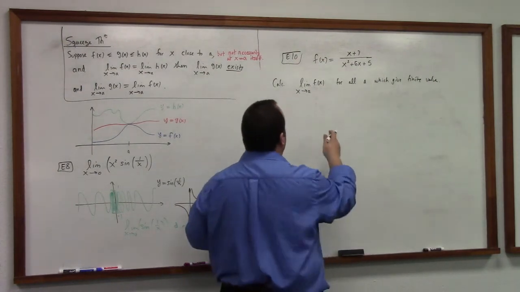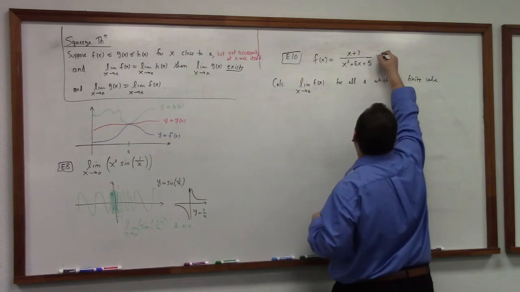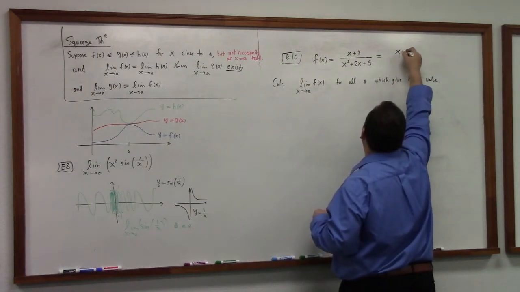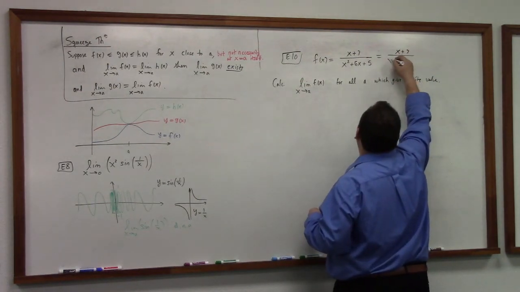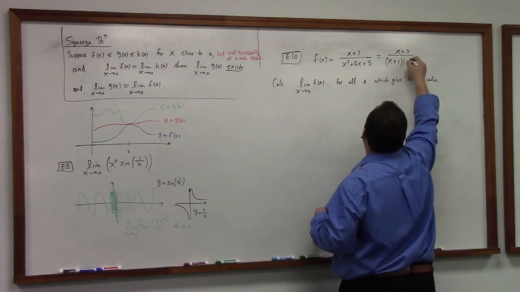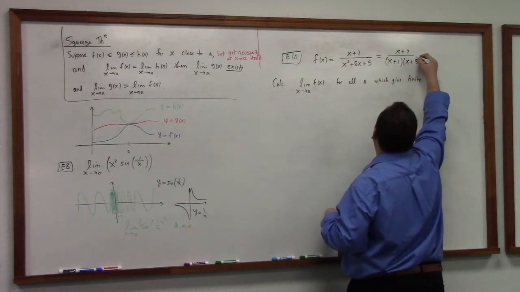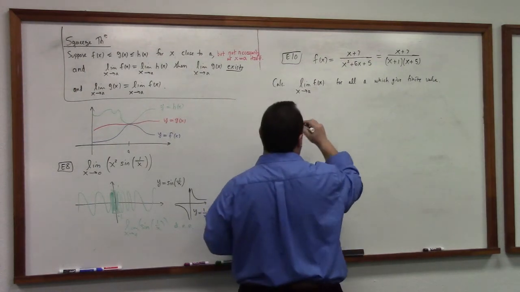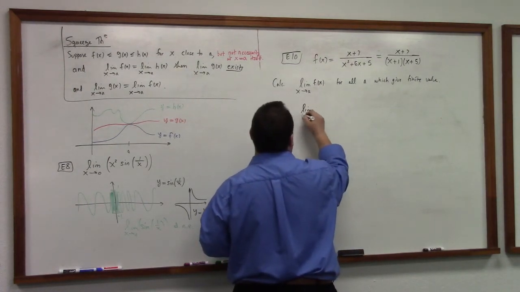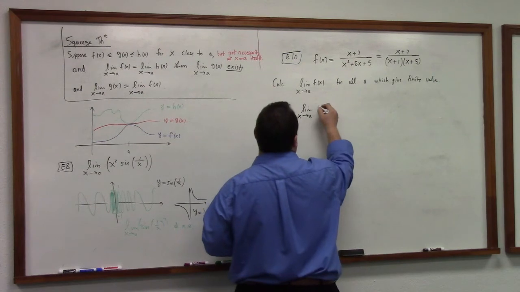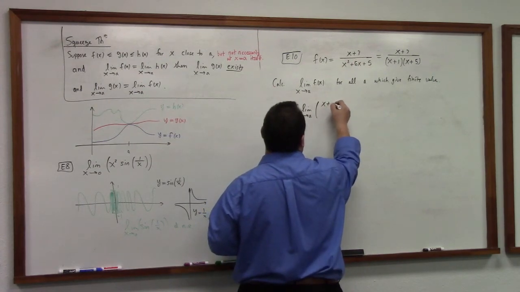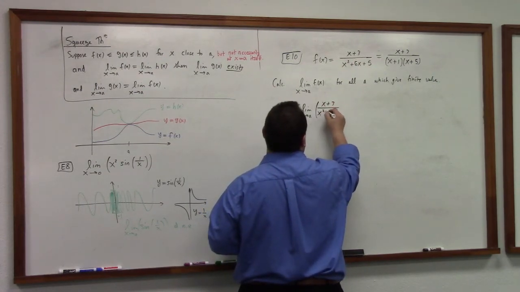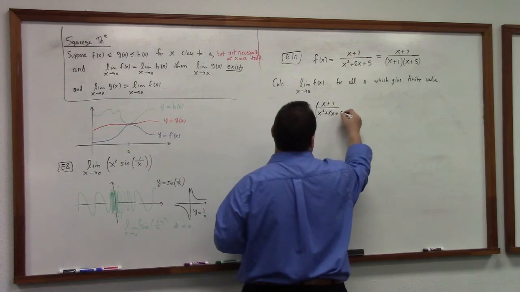So this one here, what are you going to do? Well, this is x plus 3 over x plus 1 times x plus 5, right? So I can calculate the limit as x goes to a of x plus 3 over x squared plus 6x plus 5.